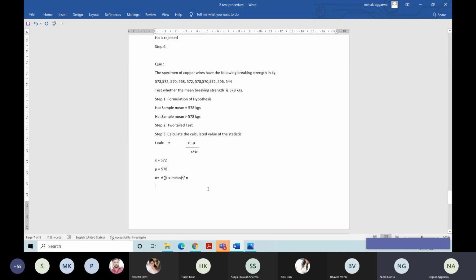If you remember that this is the formula for standard deviation, you first calculate the mean, then individual x minus x bar. So x minus x bar square summation divided by n, under root. So that is the formula.